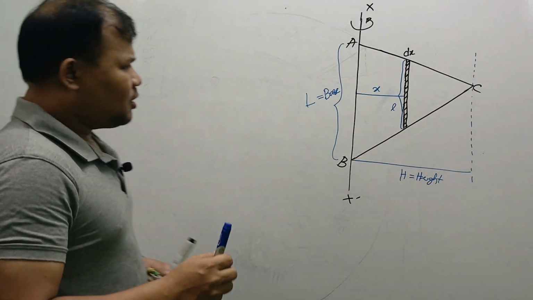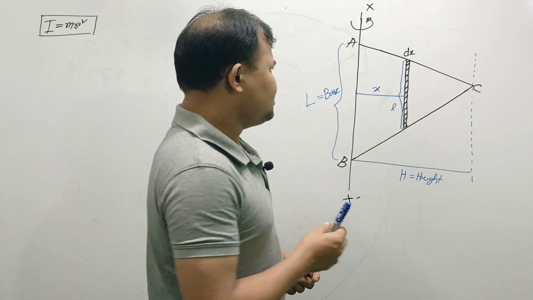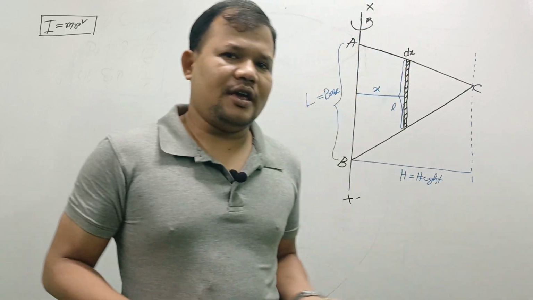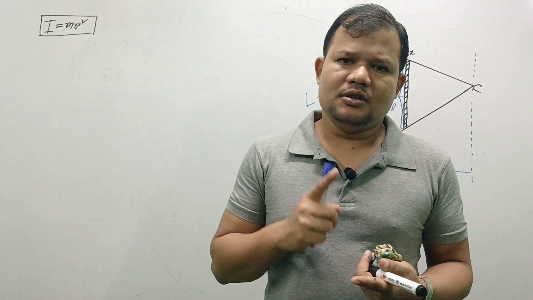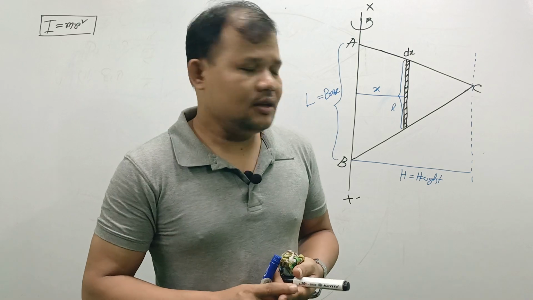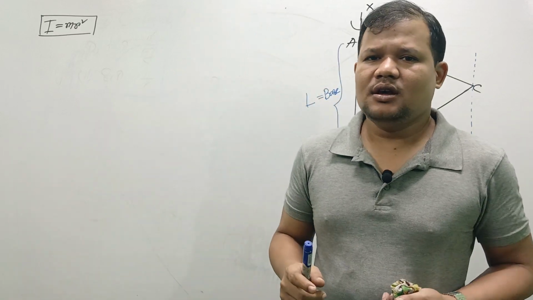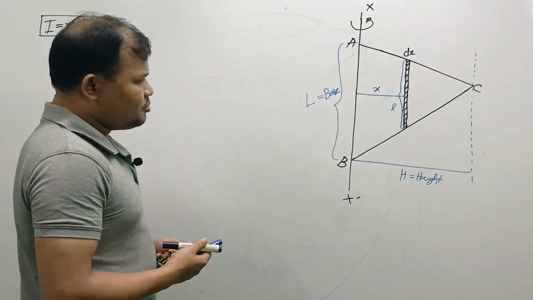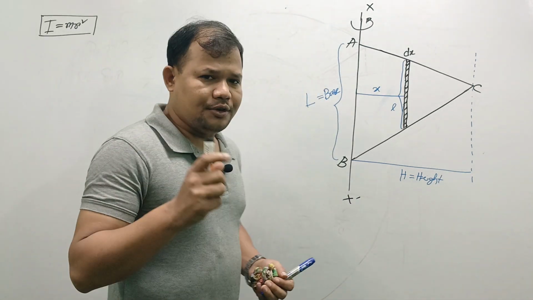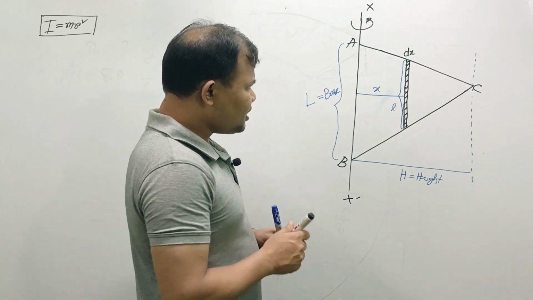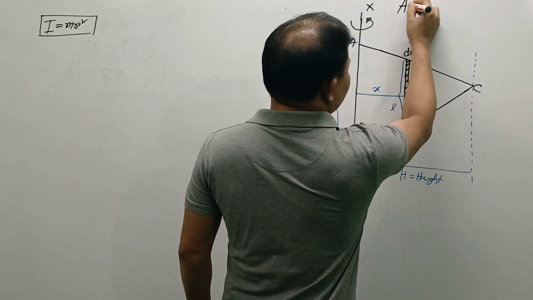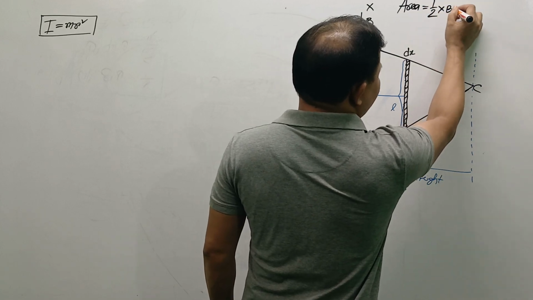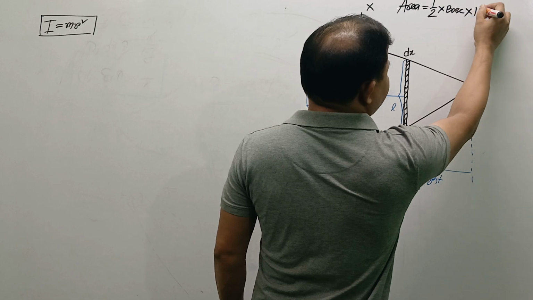Now our first duty is to find the mass of this very small, sliced part of the triangle. If we find the mass of this very slight part, then it is very easy for us to develop the equation of moment of inertia. We know the area of the triangle is half into base into height.